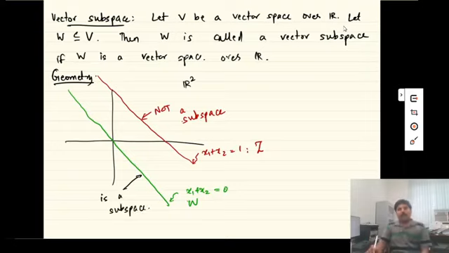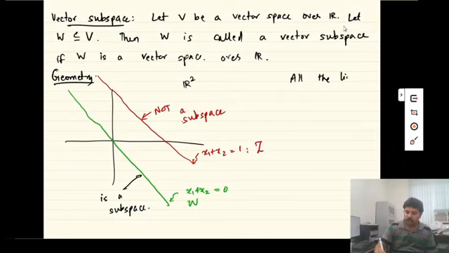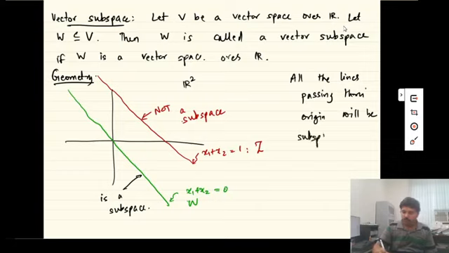In fact, geometrically, you see all the lines passing through the origin will be subspaces of R2.